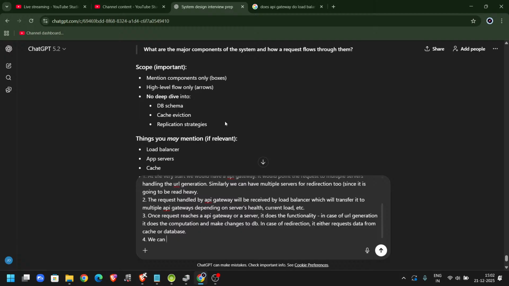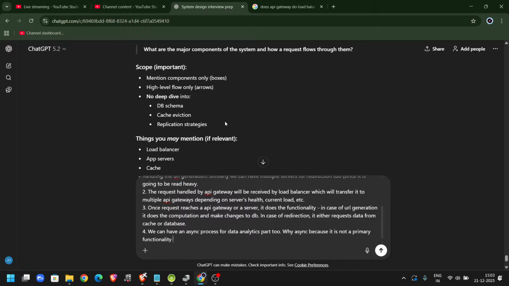We can have an async process for data analytics part. Why async? Because it is not a primary functionality and it can work asynchronously, which would be efficient.